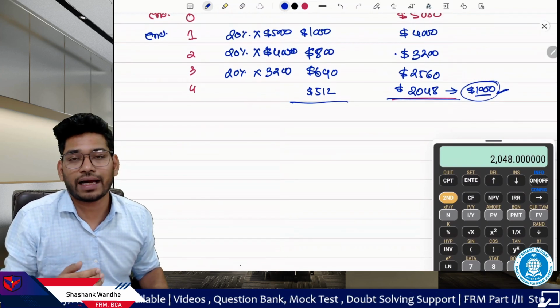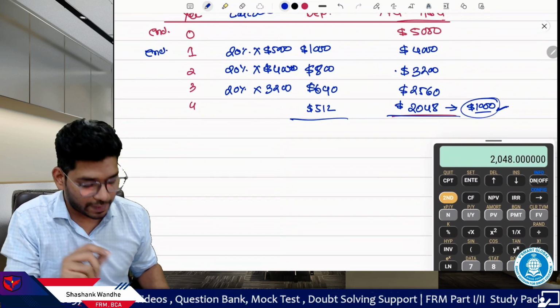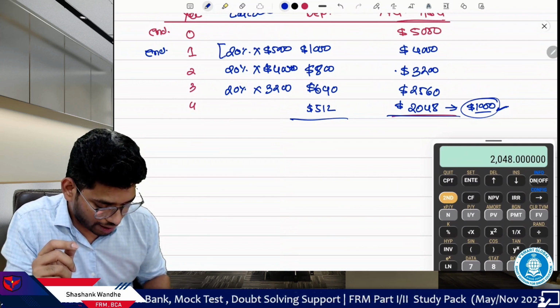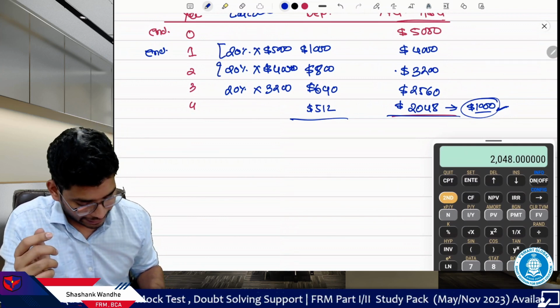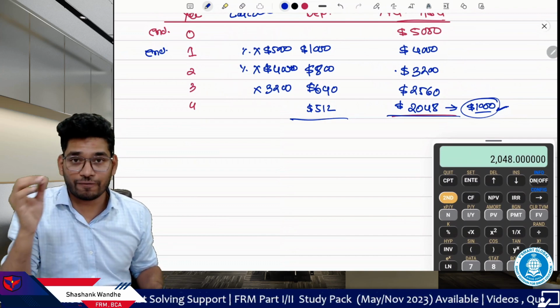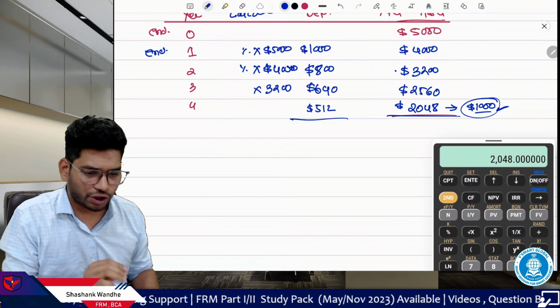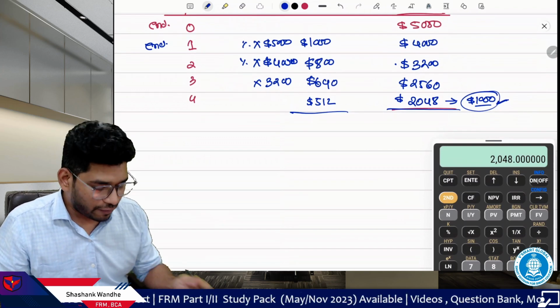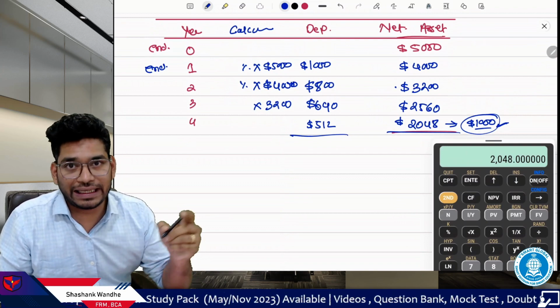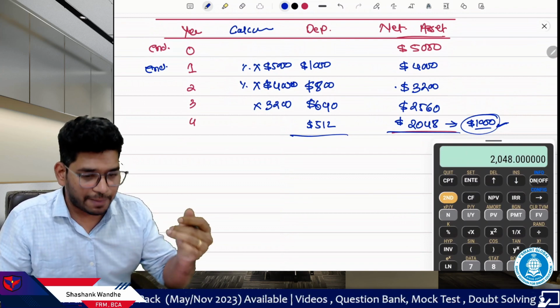What is the reason behind this? The reason is not the declining balance method. The reason is we assumed this particular 20% rate. Ideally we should calculate this rate using a proper methodology, and I will show you that methodology for calculating the declining balance method rate of depreciation.